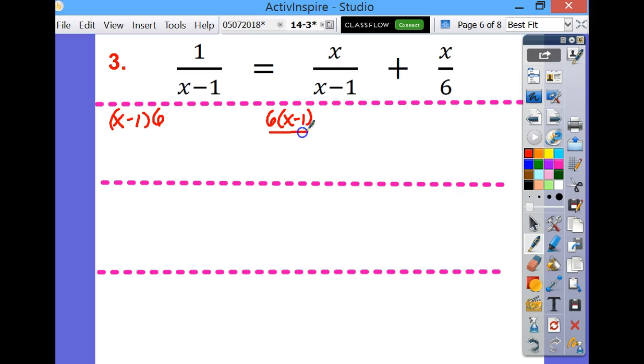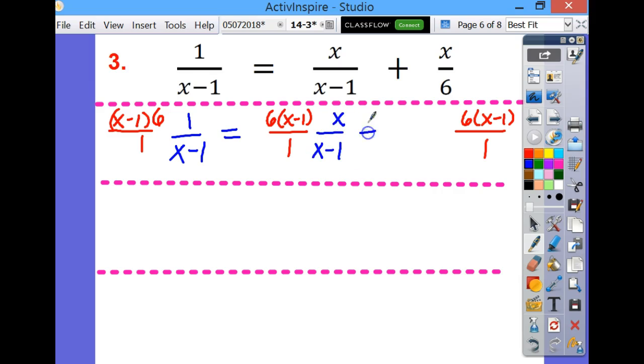I am going to multiply every single term times this common denominator. Do not leave out the equal signs. Do not leave out the adding signs. The reason I multiply is to cancel out the denominators.